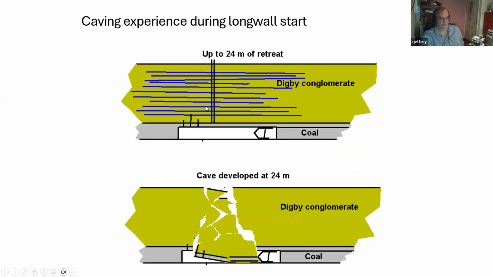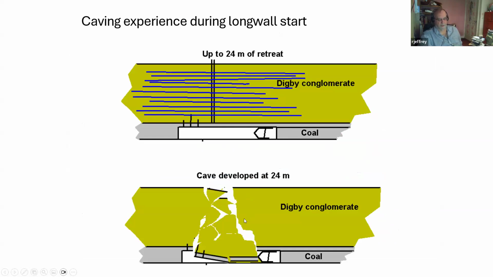So we set out to precondition the rock so that they wouldn't have a void. They did develop a void of some 24 meters, but they had a limit of about 24 meters on how far they could mine before they would have to stop and reconsider how to continue mining if caving didn't occur.